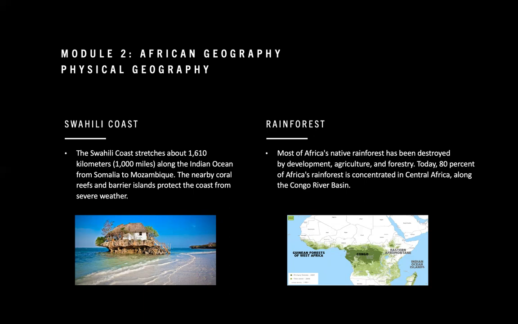One reason why the rainforests are concentrated here is, aside from the fact that it's near the equator, the main source of water of this rainforest is the Congo River Basin.